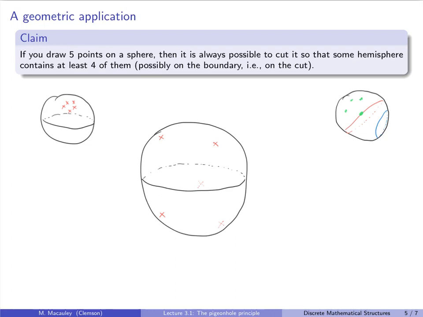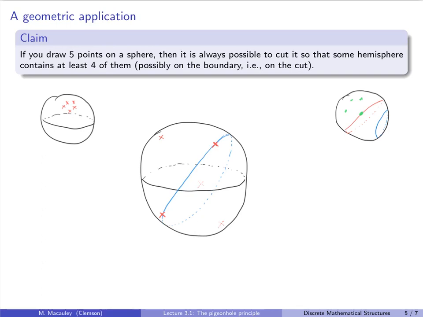So here's the trick. Let's pick 2 points, any 2 of these points. Let's just pick these 2 here, and let's connect them with a great circle. There's always going to be one shortest path, or a straight line on the sphere, that goes through any 2 points. So here's that example. And now what do we have? We have 2 hemispheres, and we have 3 remaining points.